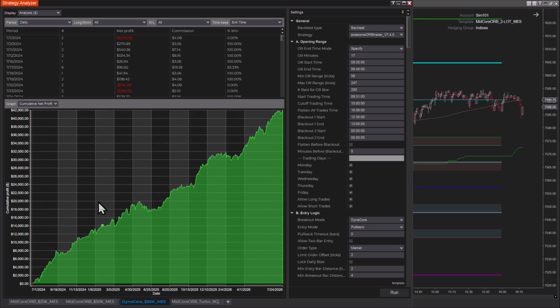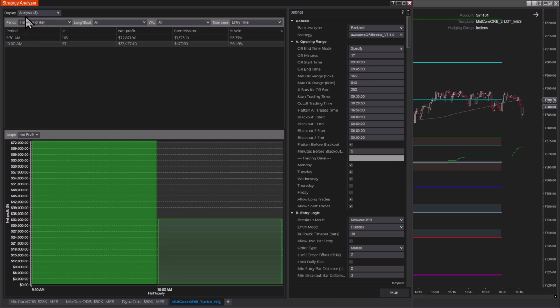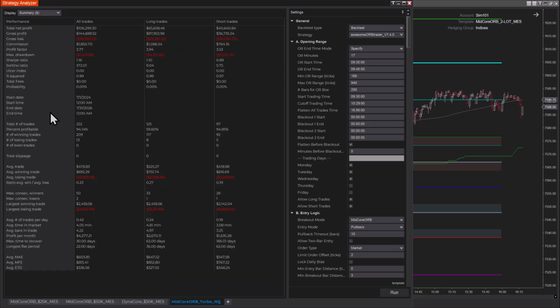And lastly, I have a MidCoreORB Turbo. This is a very unique template designed to accelerate your status from funded to payout as quickly as possible, with a nuance.